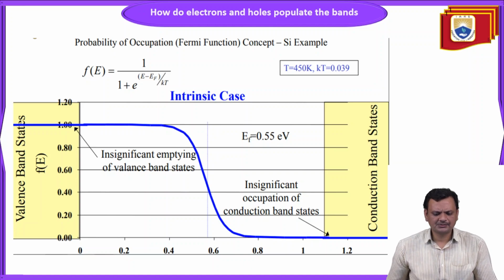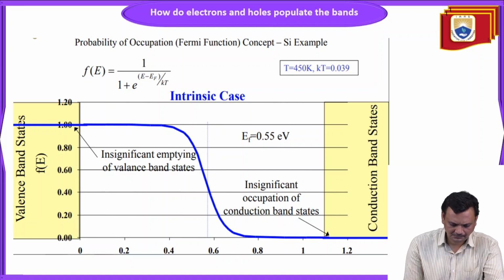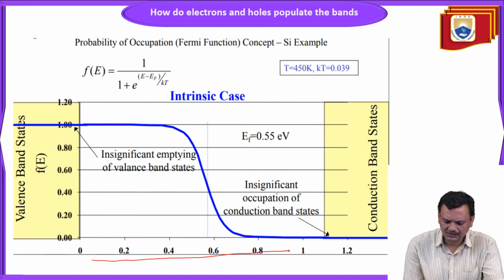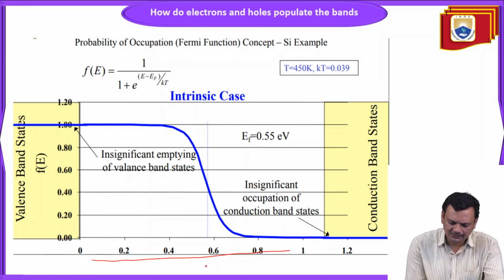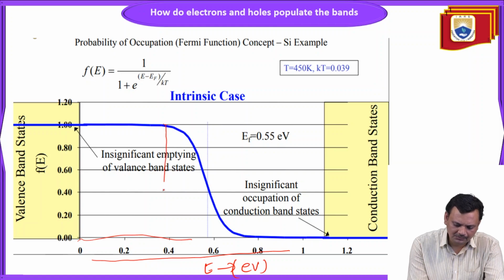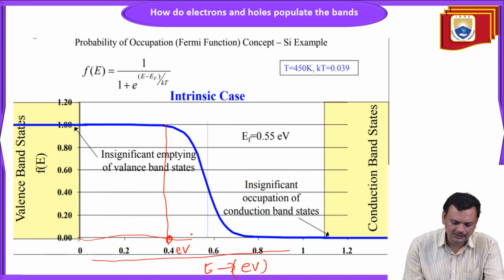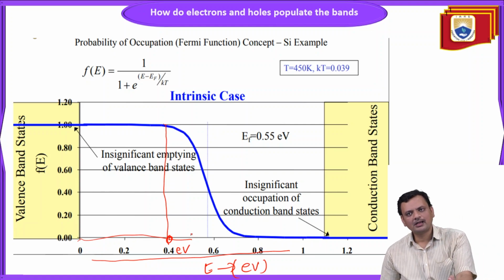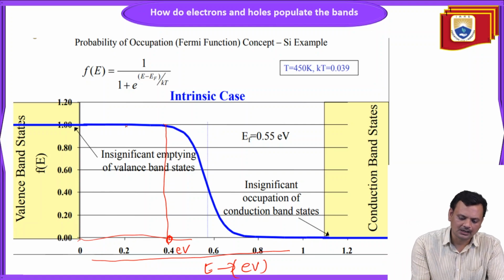Same case for the intrinsic case. So see here, this is the energy value E, you can say it is in electron volts. So at lower energy, from 0.4 electron volt, all the energy levels are completely filled. Why? Because the probability is 1.